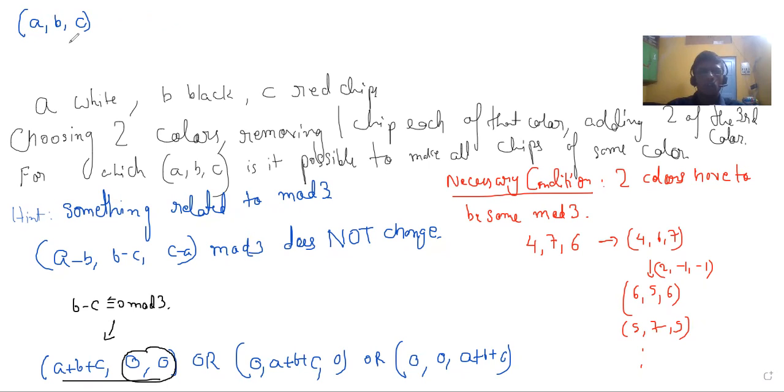Okay, so assume that A is congruent to, and we can make these assumptions because we can just swap it. It doesn't matter. Yeah, that's right. But more than that, no, wait.